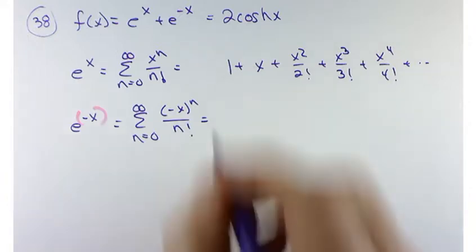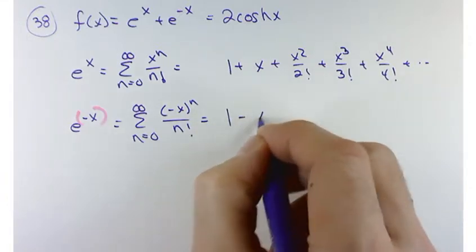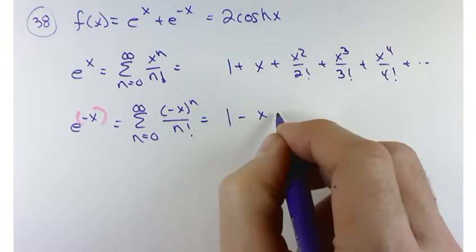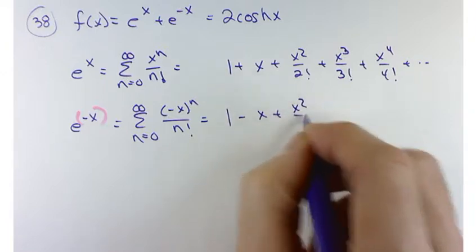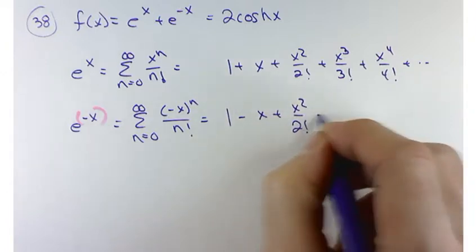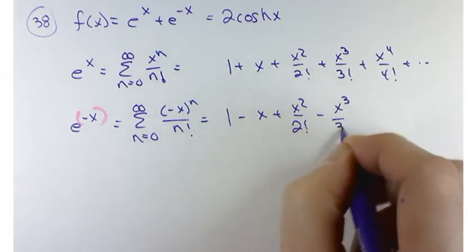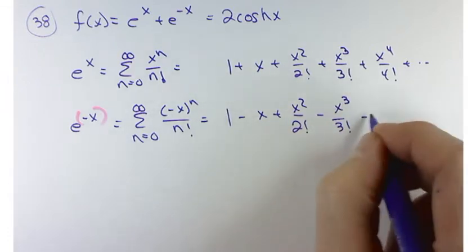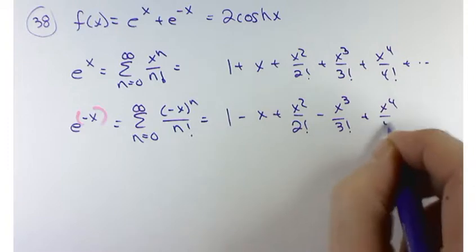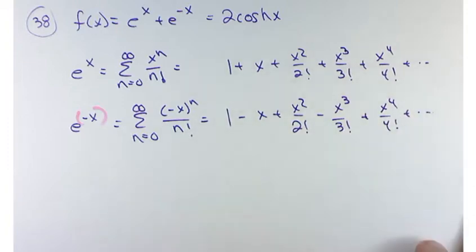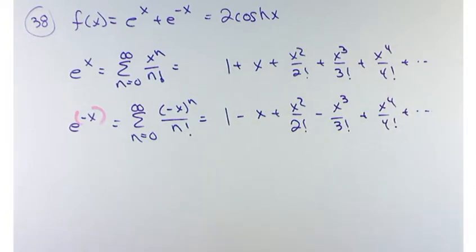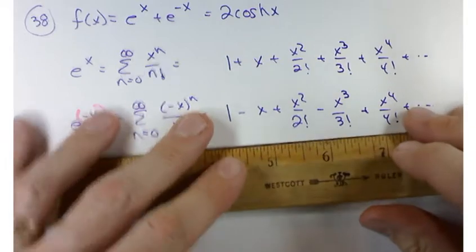So it's going to start out positive 1 minus x plus x squared over 2 factorial minus x cubed over 3 factorial plus x to the 4th over 4 factorial, and so on. So we want to add this up.